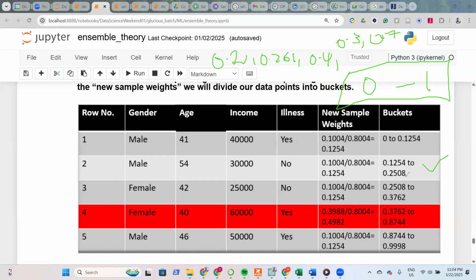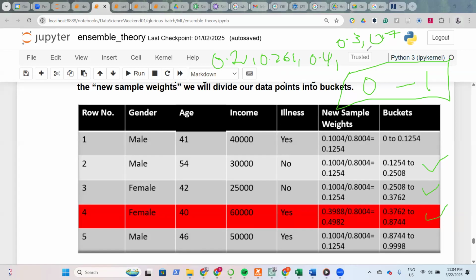The top here is 0.25, so it falls in the third bucket. Next number, in which bucket does it fall? Fourth bucket. The next number?